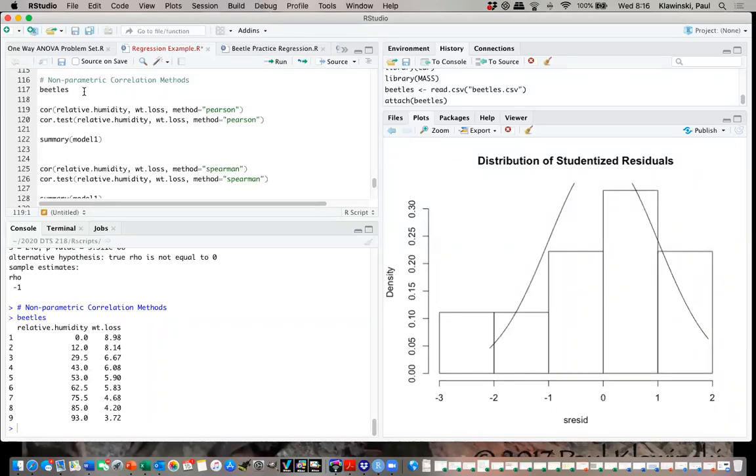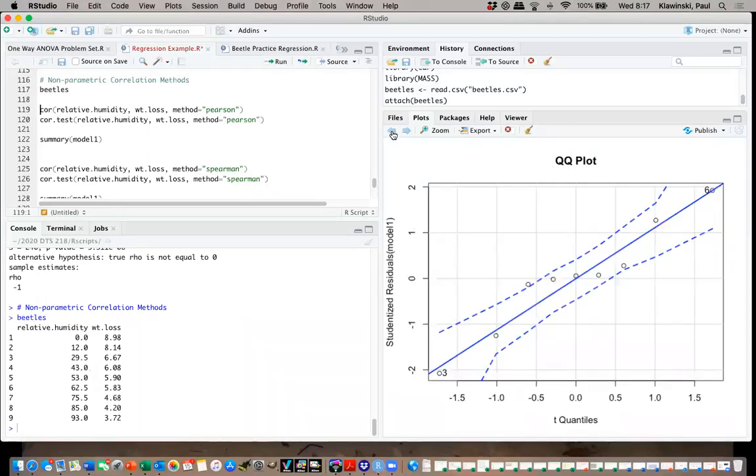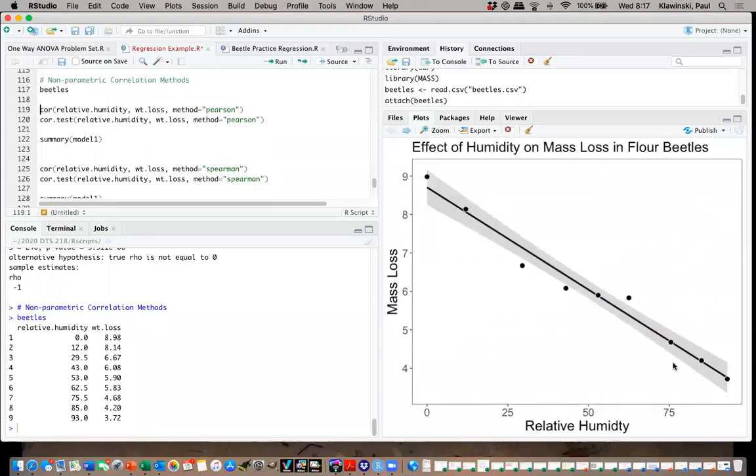You could have it rank weight loss and create a column for that, and it should produce what was on the board earlier and what's in the PowerPoints as well. But that is the non-parametric equivalent of regression. And like I said, it doesn't really tell you anything more than this is telling you.